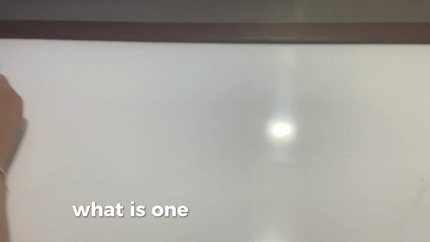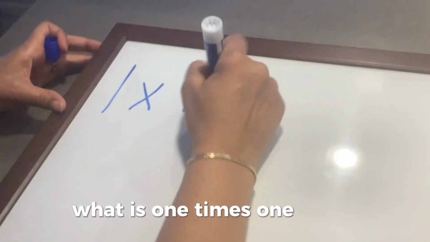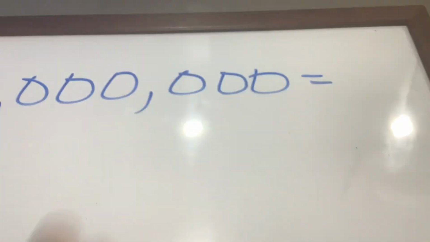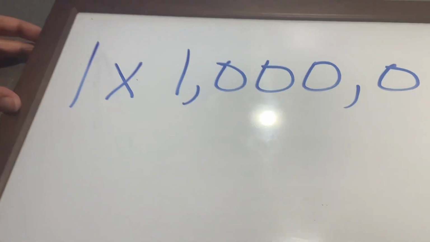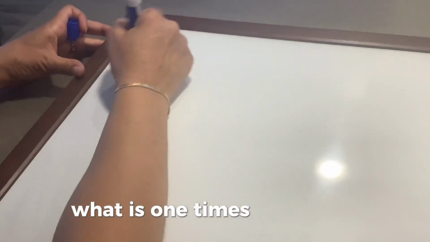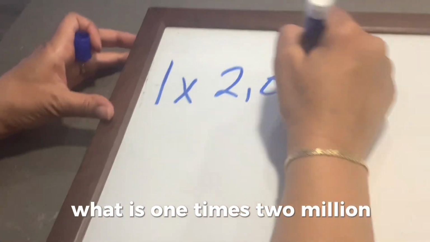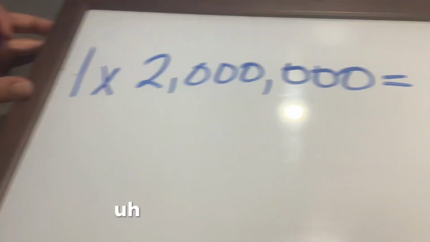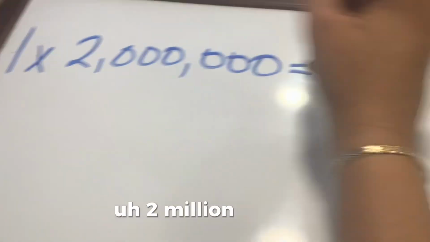What is 1 times 1 million? 1 million. What is 1 times 2 million? 2 million.